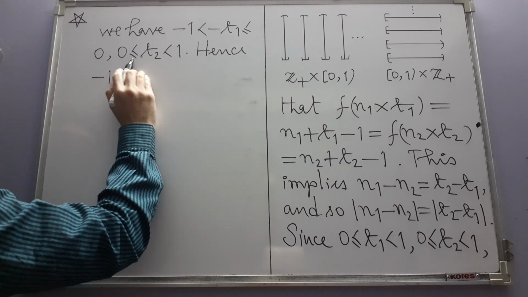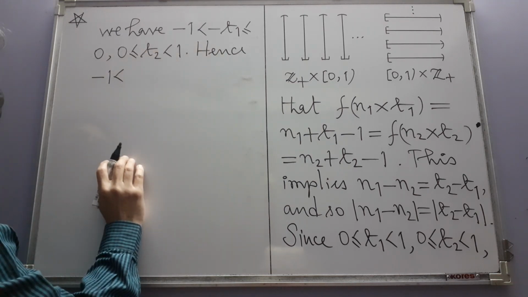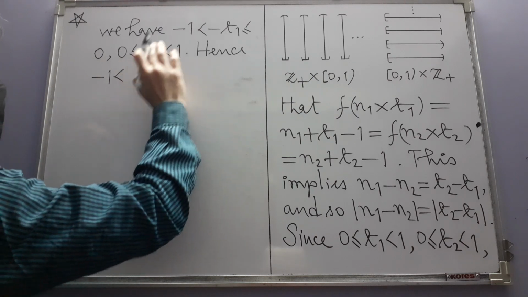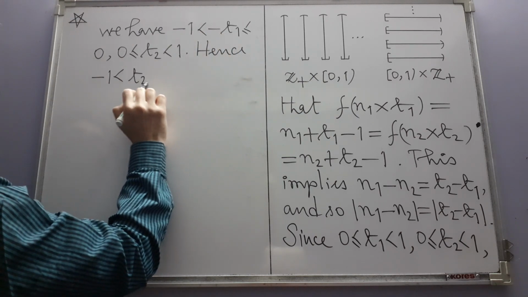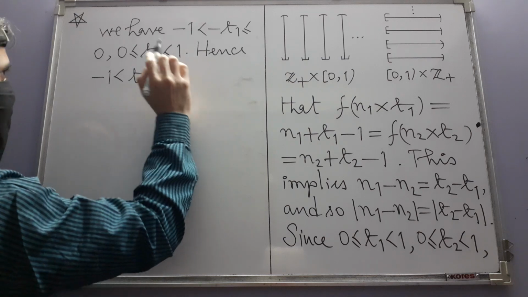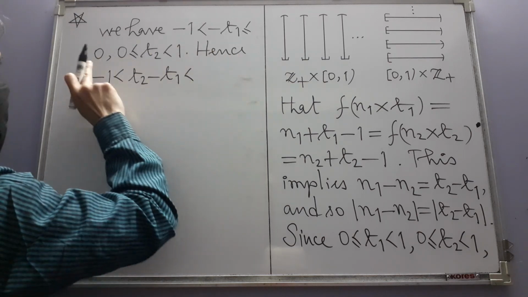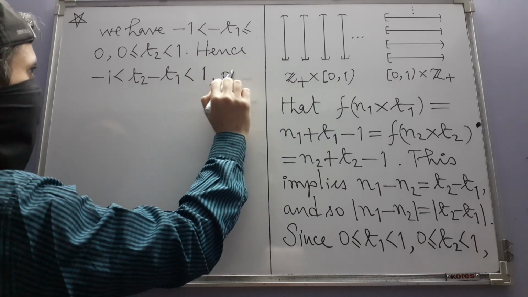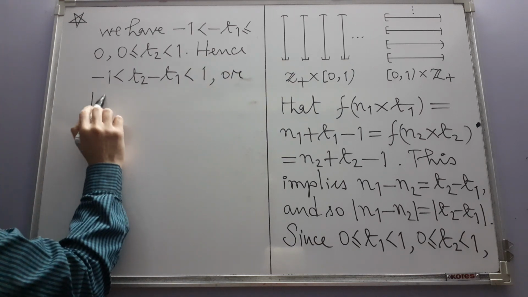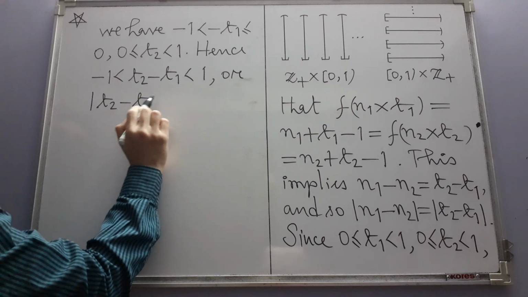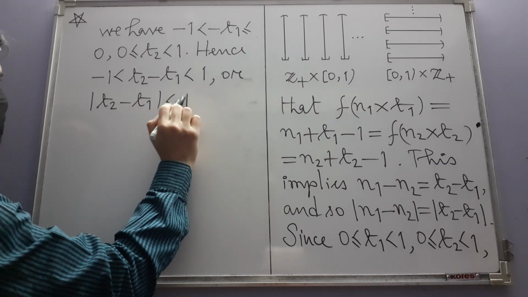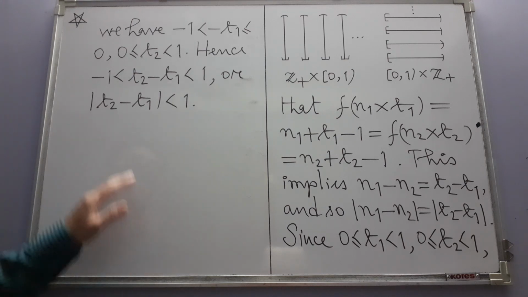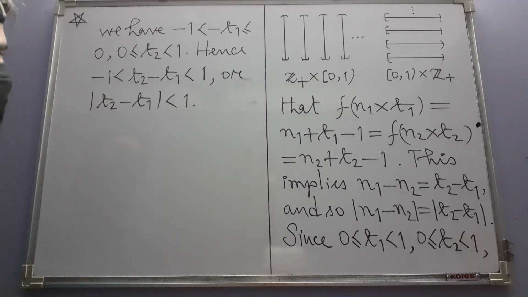Although we have less than or equal to here, but here we have less than. So from properties of real numbers, this will be strict inequality. t2 minus t1, again less than 0 plus 1, or the absolute value of t2 minus t1 is less than 1. Okay, so this is less than 1.